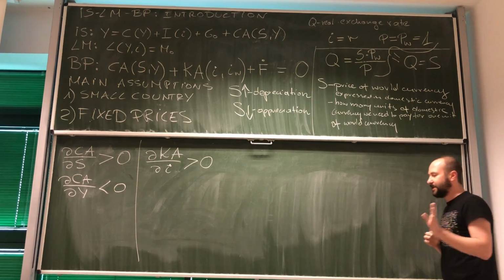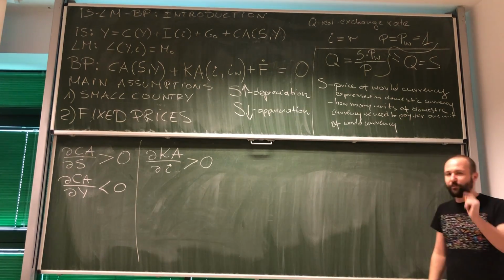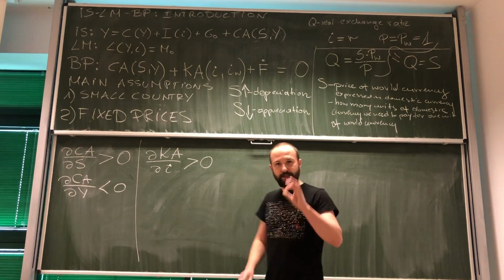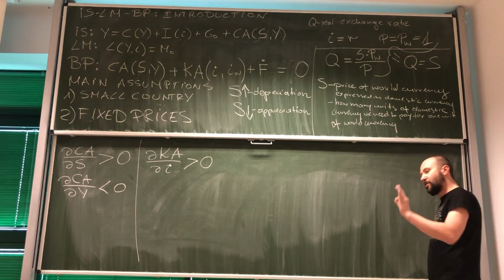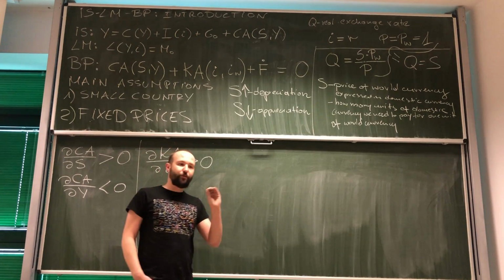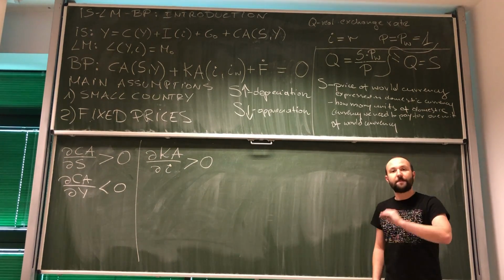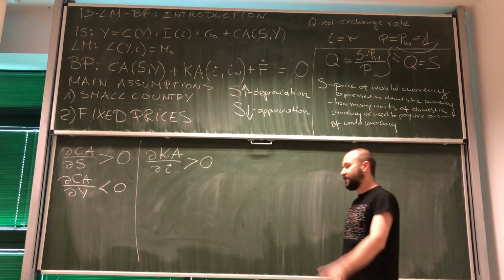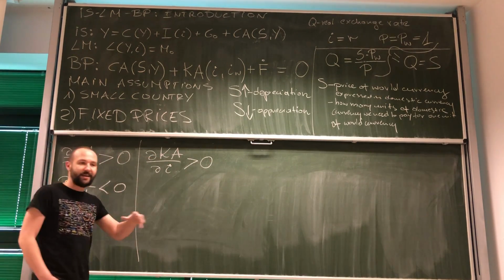Another thing I'm going to say here is not directly associated with this partial derivative, but it is important to see the mechanics at work at this part. If foreigners want to purchase more of domestic bonds, what do they need to do? Can you buy a bond denominated in Polish zloty using euros? No, you cannot buy an American Treasury bill denominated in dollars using euros or any other currency.